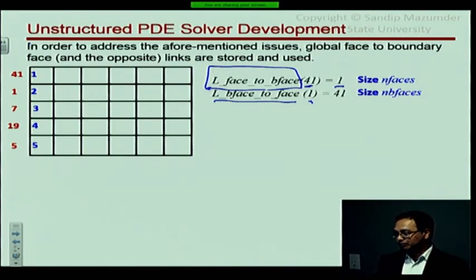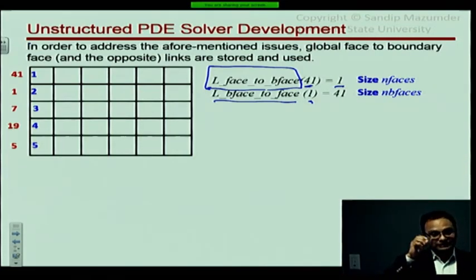One thing I should point out is the reason you can afford to store all this data is that most of it is integer storage. Look at everything I've been talking about: cell-to-face connectivity, face-to-cell connectivity, and so on. This is all integer. Integer storage is very cheap because, first of all, these integers are not going to be very large numbers. You're not going to have a number of cells or faces of 10 to the power 63.